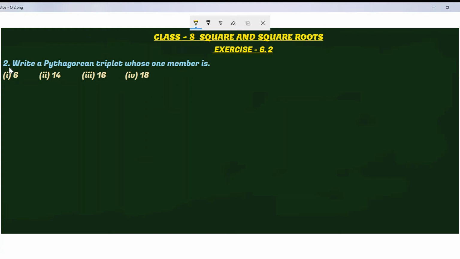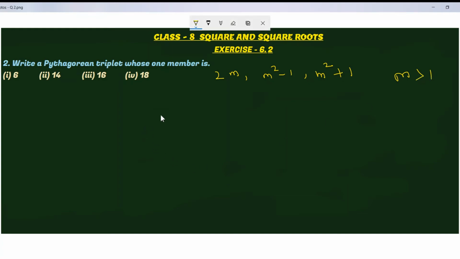Question number 2. Write a Pythagorean triplet whose one number is 6. We know what Pythagorean triplets are. The triplet is 2m, m square minus 1 and m square plus 1, where m should be greater than 1.